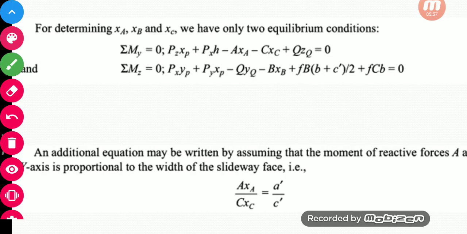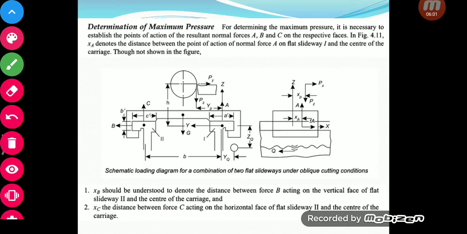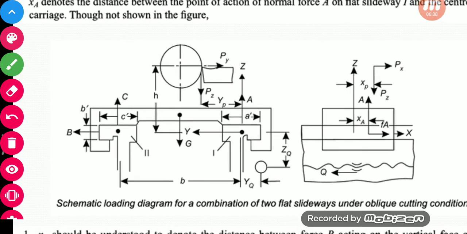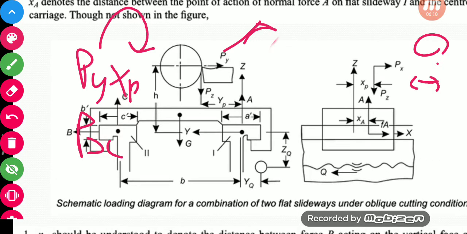Okay, so let us go back to the previous slide here, and here you can see that is the distance from the x-axis. So it's right here, px times yp. So we can say here that's the second component.